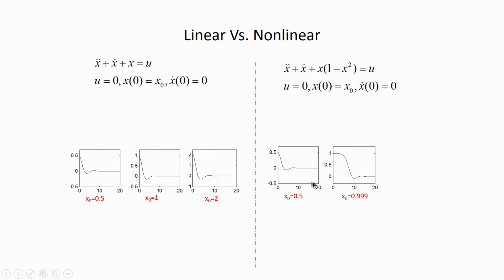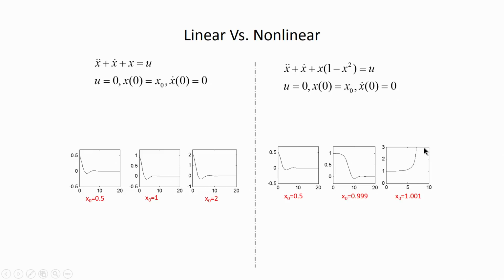The shape of the curve as it decays down to 0 qualitatively looks different from how it appeared when x naught was equal to 0.5. Now, let us increase the initial condition just a little bit from 0.999 to 1.001, and what we see is that the solution explodes, x of t tends to infinity.